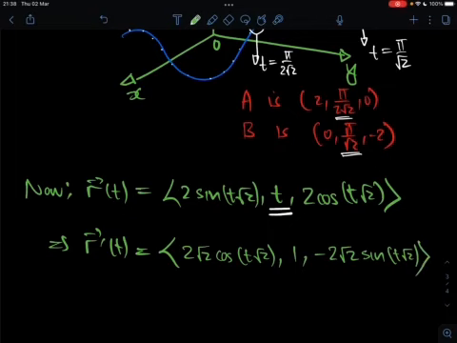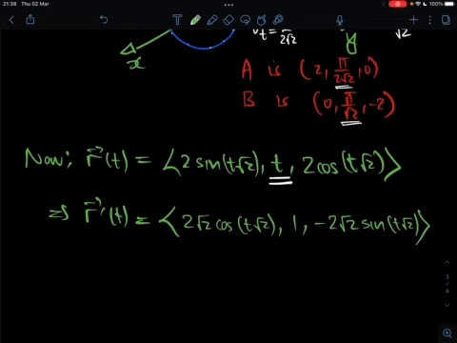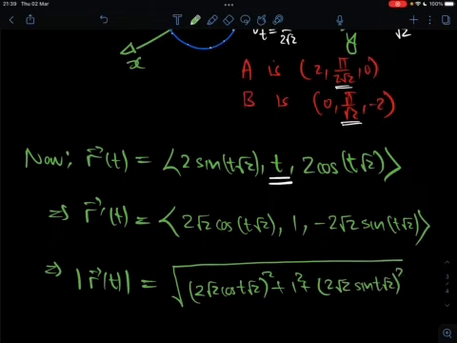Now we need to know the magnitude of this r prime of t, because that's what we need for our formula. The magnitude is given by the square root of 2 root 2 cos t root 2, all squared, plus 1 squared, plus 2 root 2 sine t root 2, all squared.